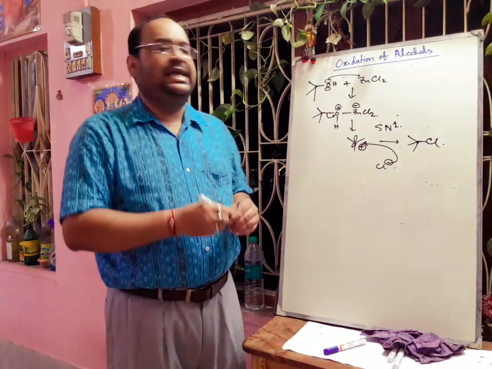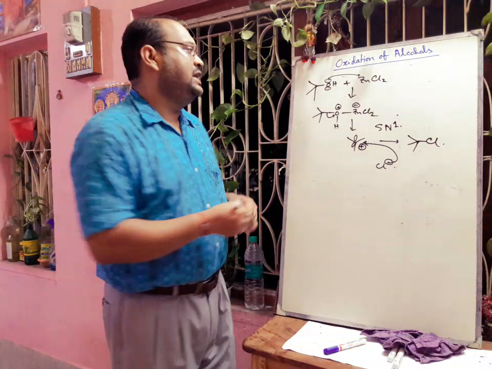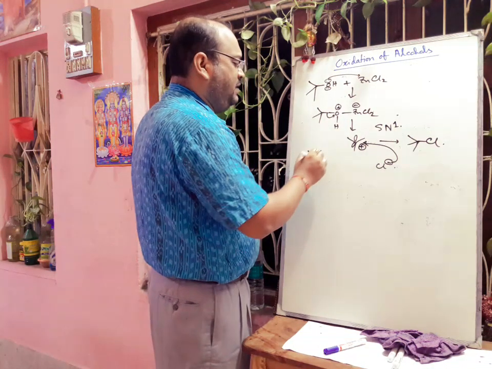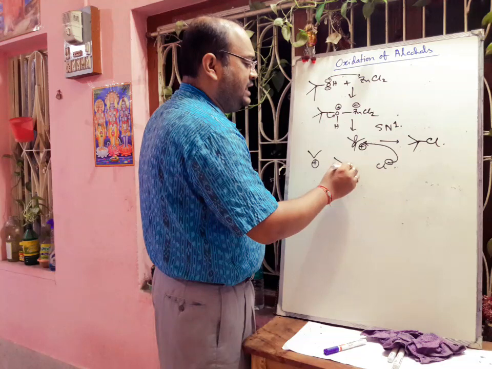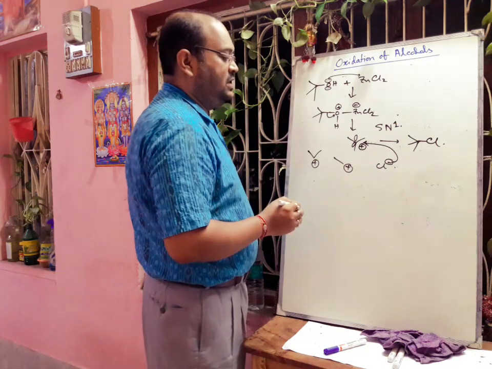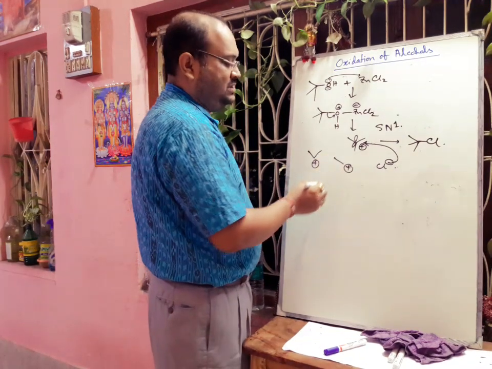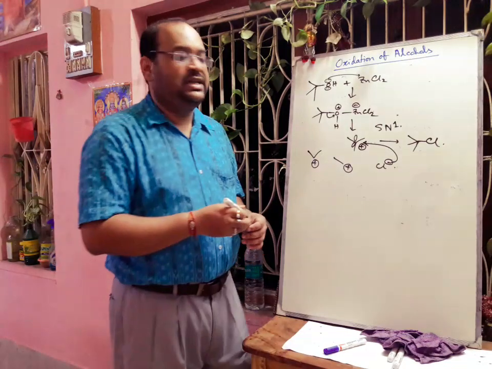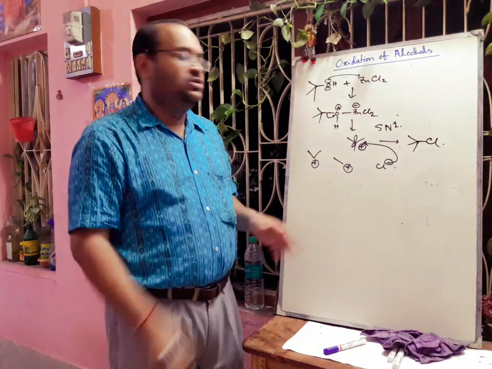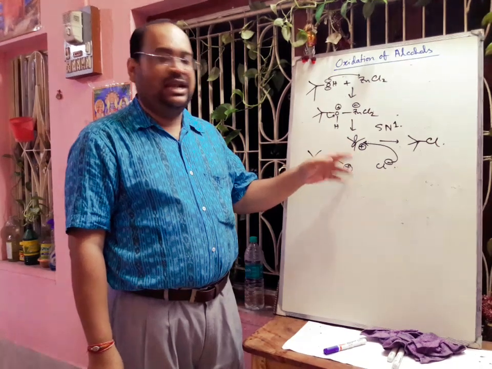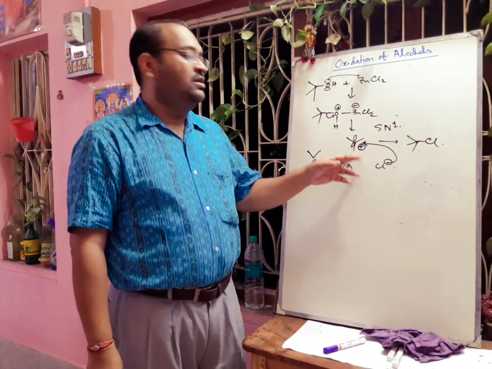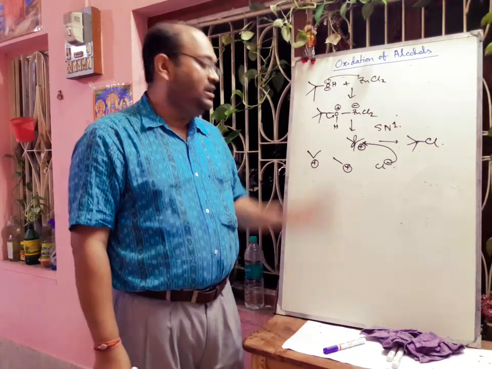But when we are taking the secondary, the cation will be like this, and when we are taking the primary, the cation is this one, that means CH3CH2 plus. So we know that tertiary carbon is very much stable. So in case of tertiary butyl alcohol, we get the corresponding halide very quickly.